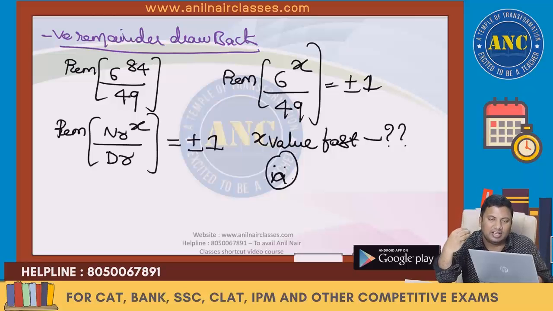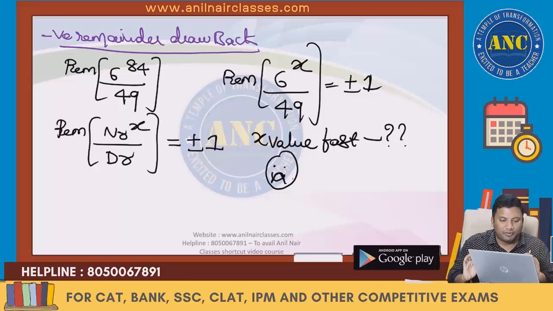That's exactly the reason we are going into Euler's theorem application. Please write down: determining which power of 6 when divided by 49 is plus 1 or minus 1 is difficult.